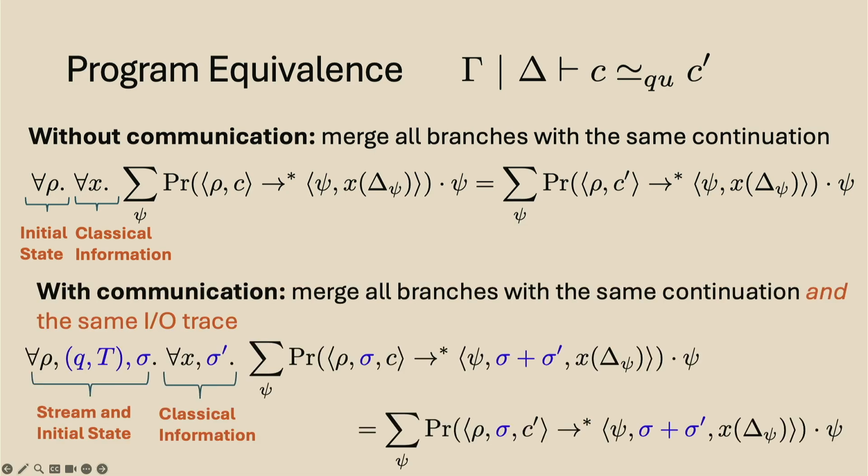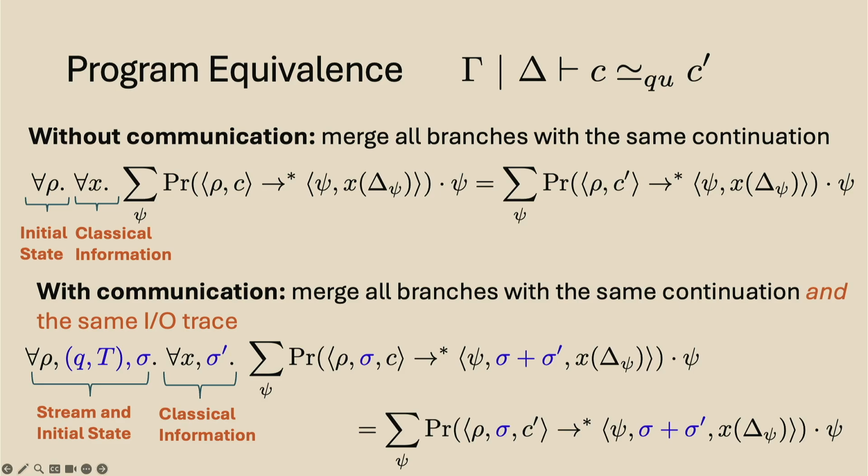With communication, you can just do the same thing, except we also want to quantify over the I/O trace that your program gives. Here it says for all x, for all sigma prime, where sigma prime is the I/O that happens during the execution of the program.